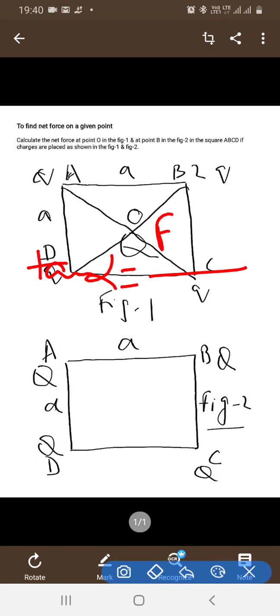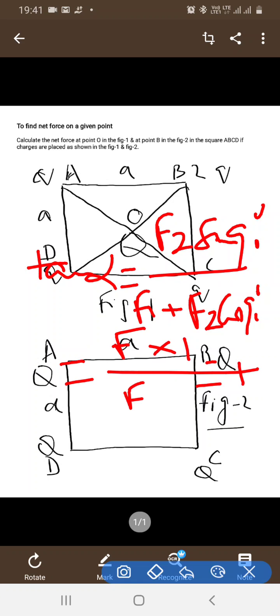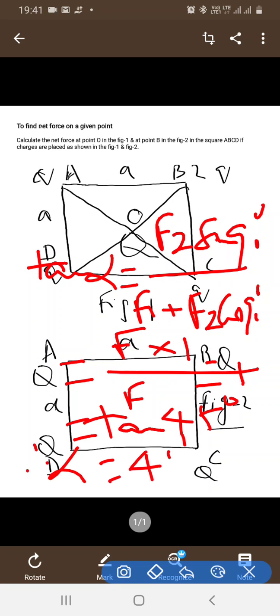So tan alpha equals F2 sin 90 degree upon F1 plus F2 cos 90 degree. F2 is equal to F, sin 90 is 1, and F1 is F, so this will be equal to 1, which is tan 45 degree. Therefore alpha is equal to 45 degrees, made from vector F1. This is the solution for the question in figure 2.